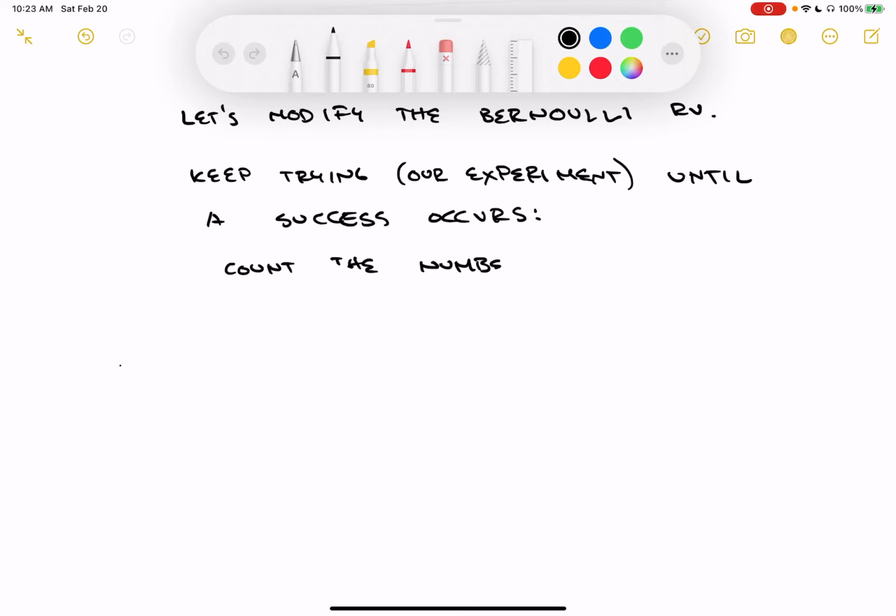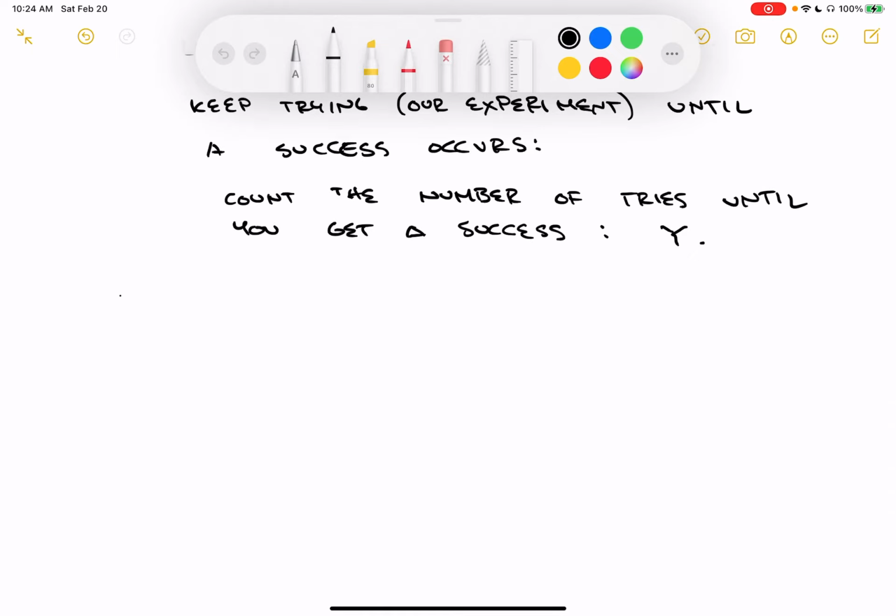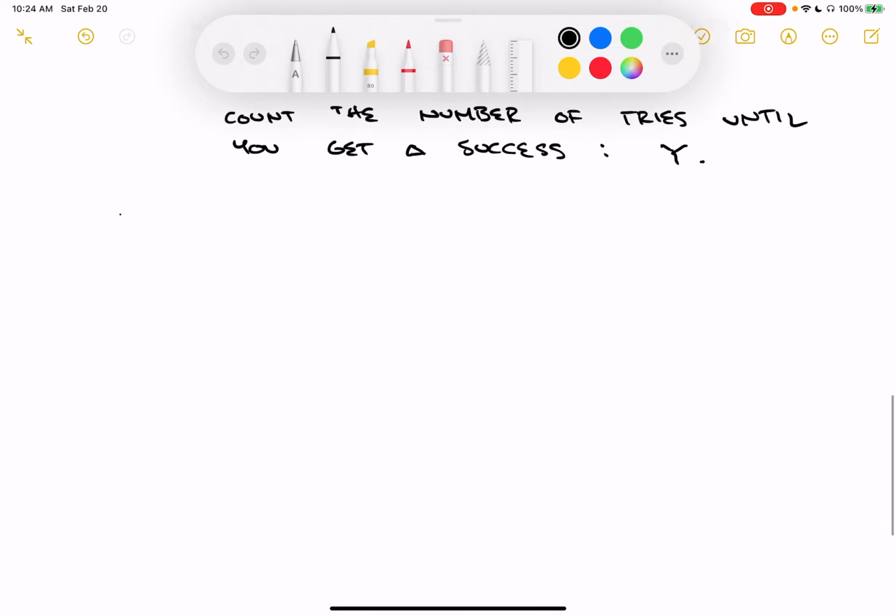So count the number of tries until you get a success. And we will call that our random variable y, something along those lines. So y is already a random variable because counts are a number that fits on that real number line. There's no need to transform it any further than that. Our observations can be the random variable itself.